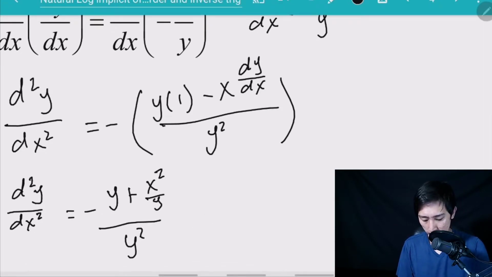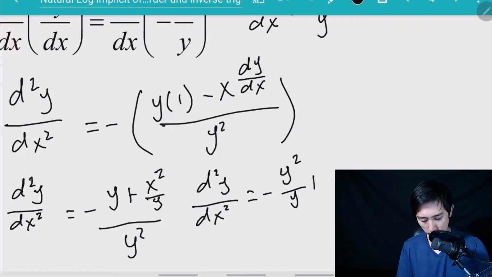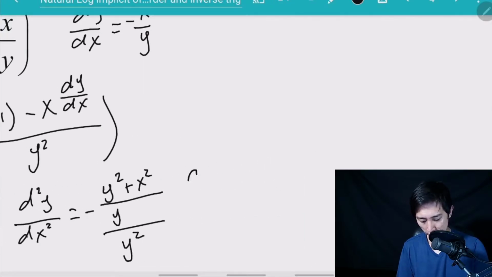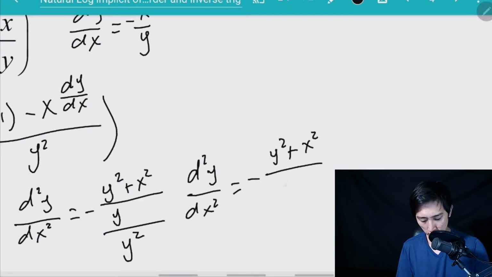So then I'm just going to get d squared y over dx squared equals negative y squared over y plus, let me just do a couple steps, plus x squared, all over y squared, which means my final answer is going to be d squared y over dx squared equals negative y squared plus x squared all over y to the third.